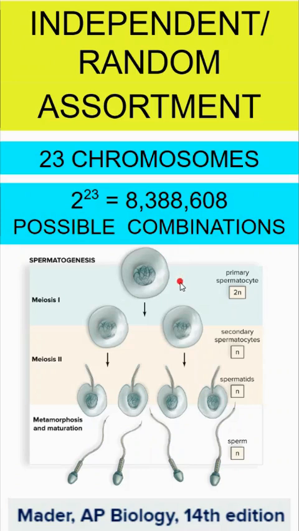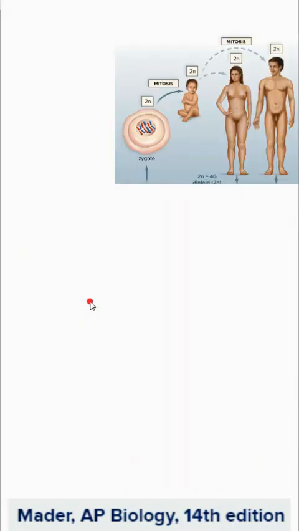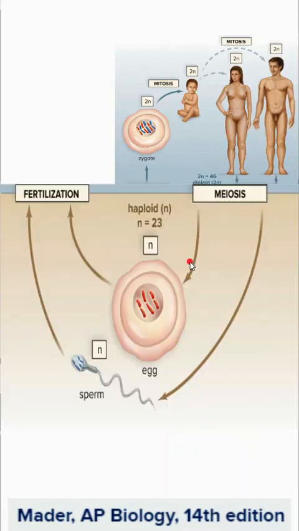So there are over 8 million different combinations of sperm that can be made from the same 23 pairs of chromosomes. As we keep going further, it gets more and more complicated and we have more and more diversity, because during meiosis we don't just have the sperm, we also have the egg.